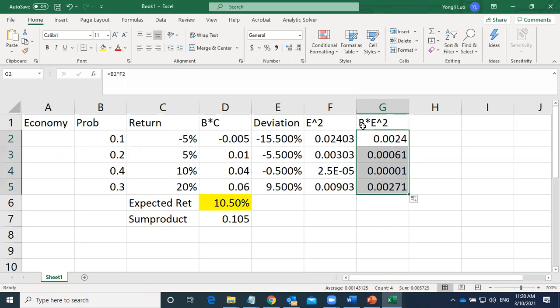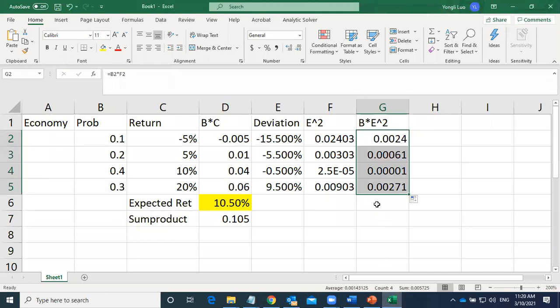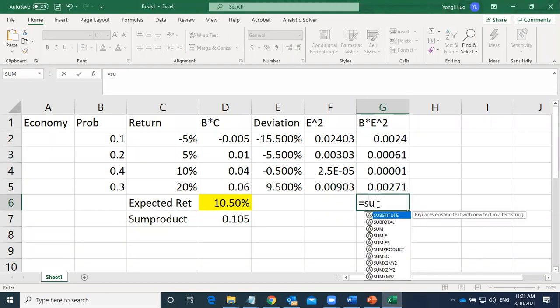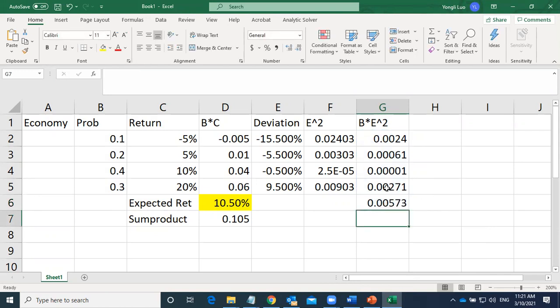So this is the probability times the deviation squared. What you're going to do is put sigma here, which means you sum them up. You use the function called SUM and add all those numbers up. Is this your standard deviation?